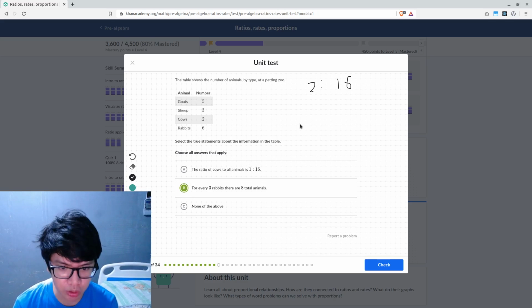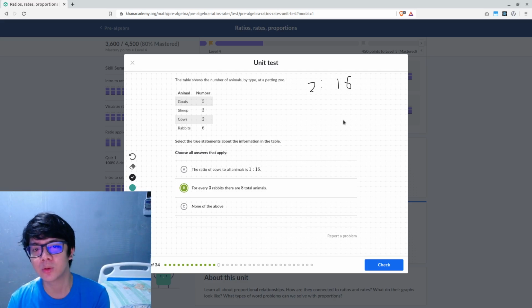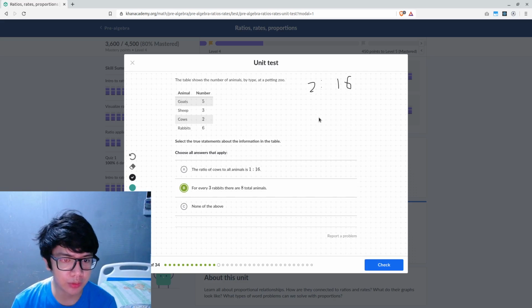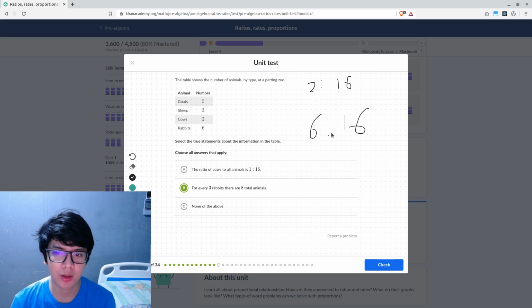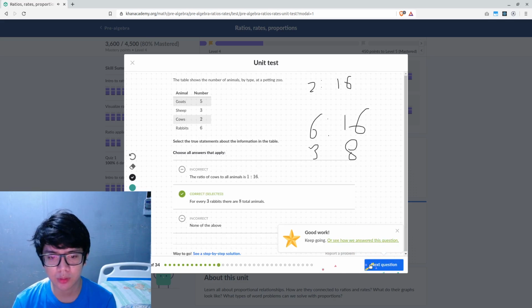That's true. That's true. Because the rabbits are 6 to 16. And then divide it by 2, you get 3, and then you get 8. Okay. None of the above. Okay, so this one, the only thing that applies. Yeah. No other, any other? Okay. Woo!